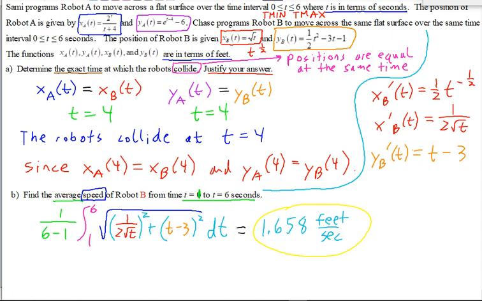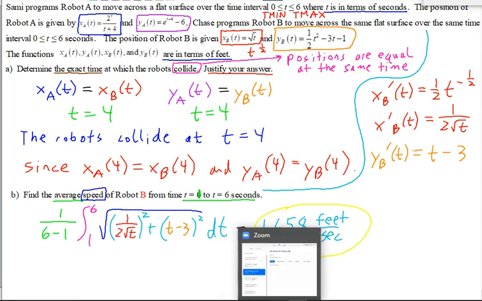And let's look at how we do that with the Inspire.